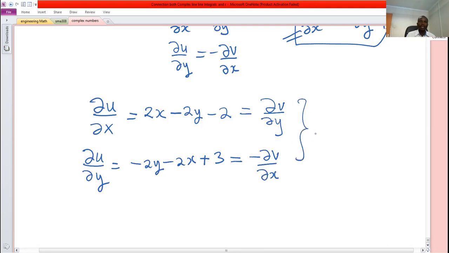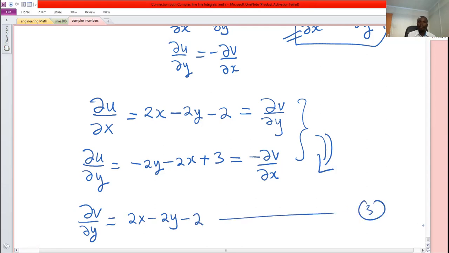So from this two, we have partial v partial y equals 2x minus 2y minus 2. We'll call this one 3.